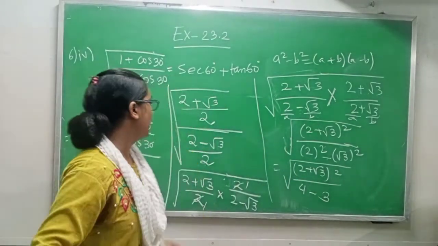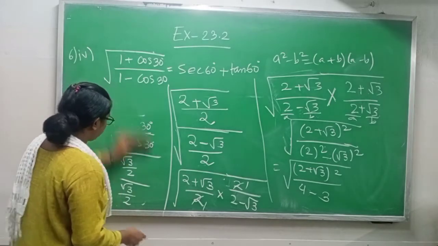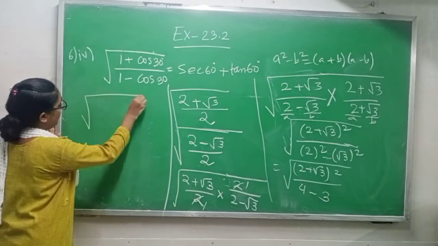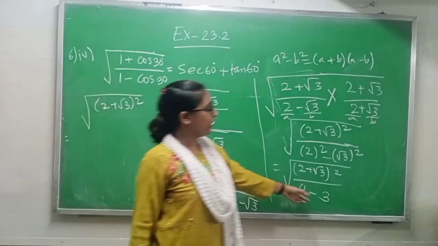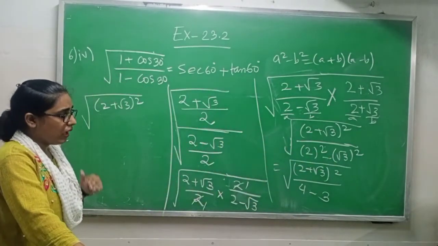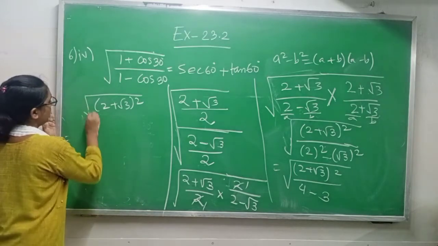Understood up to here? Now I am writing this numerator because I have to solve that one. 2 plus root 3 whole square. 4 minus 3 is 1. So if you do not write 1, nothing will happen. So I am writing 2 plus root 3 only.